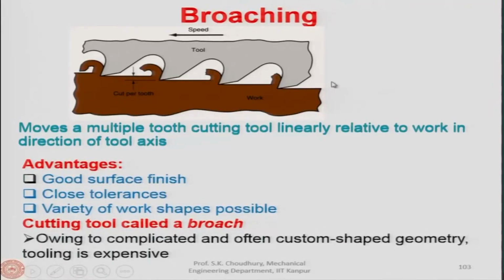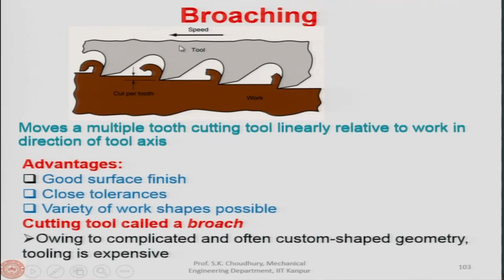If you see this drawing, this is given in the horizontal direction. That means here the cutter, a multiple tooth cutting tool, moves linearly relative to the work in the direction of the tool axis. If you can see the depth here, of course it is two dimensional, that is why I am calling it a depth. This depth is less than this depth, this is less than the next one, and so on.